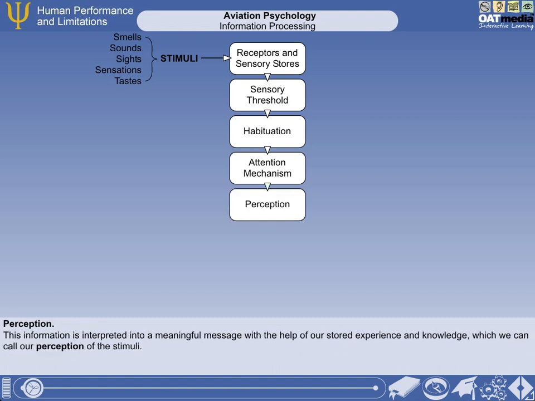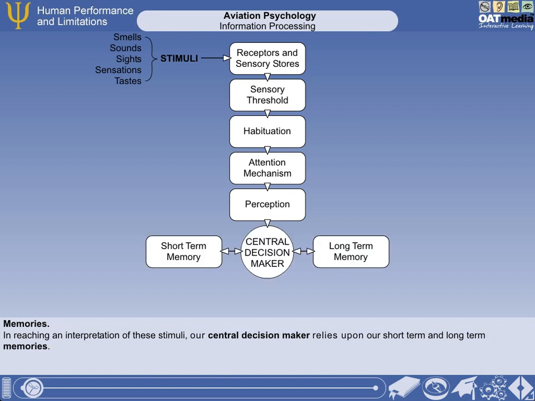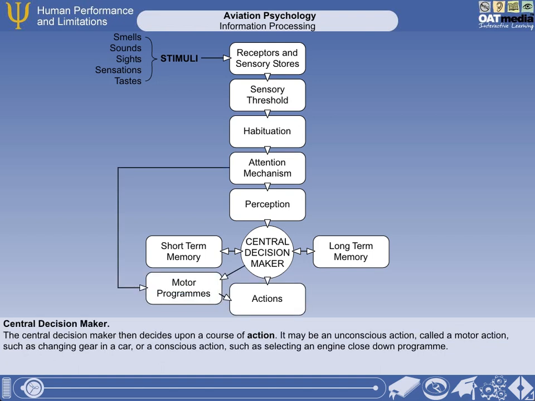This information is interpreted into a meaningful message with the help of our stored experience and knowledge, which we can call our perception of stimuli. In reaching an interpretation of these stimuli, our central decision maker relies upon our short-term and long-term memories. The central decision maker then decides upon a course of action.